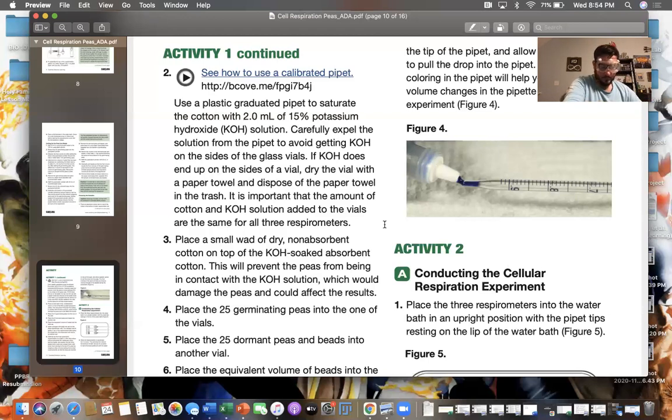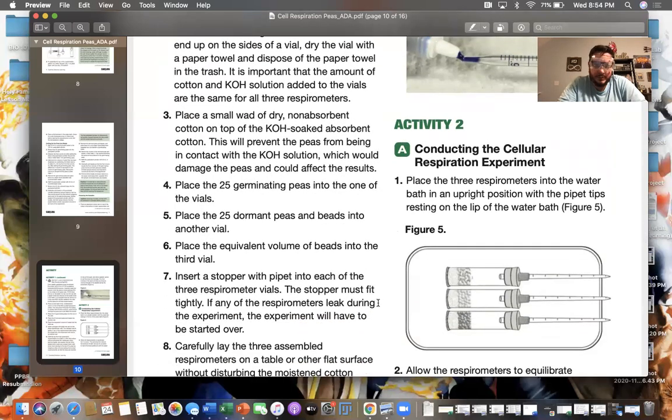Okay. We have our 3 vials. We are now going to place our dormant peas in one, our beads in one, and our germinating peas in one. I'm just going to put the potassium back into the little plastic bag in which it came. Good and sealed. All right. The beads are going to go on one.